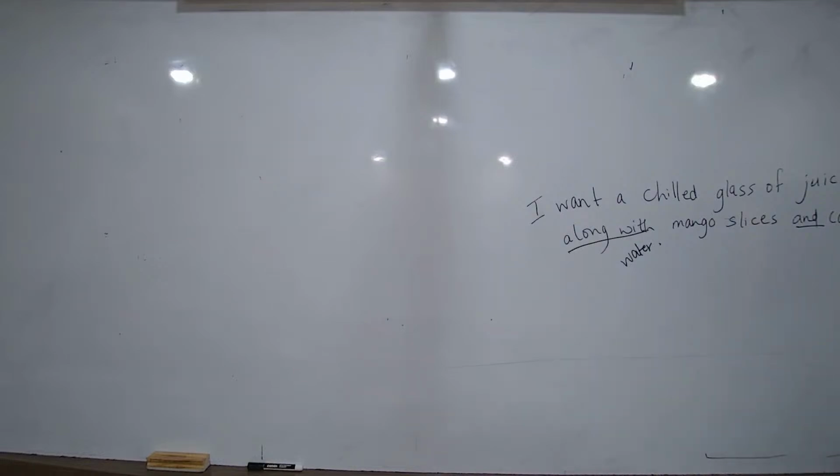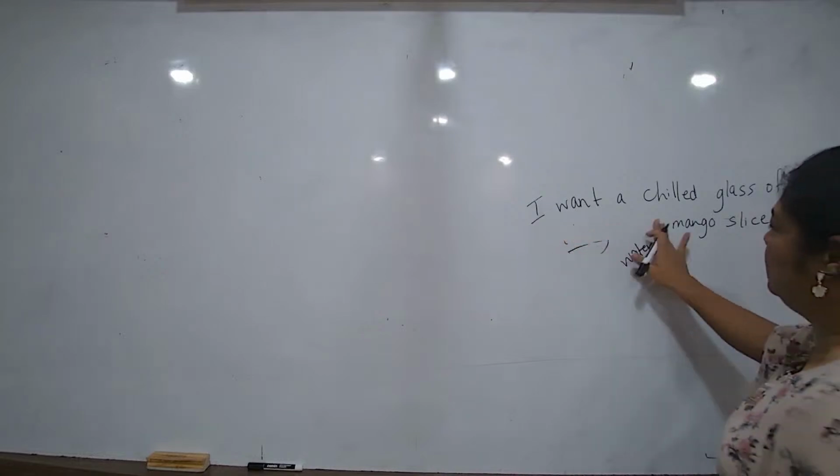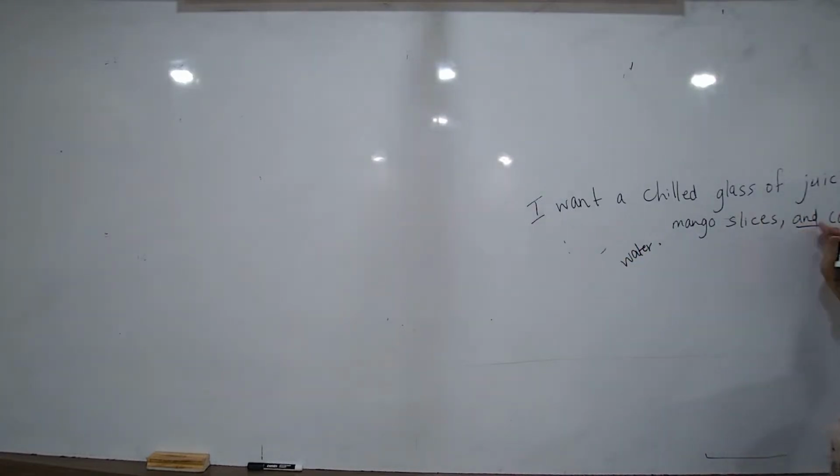What are they? Conjunctions. Very good. So when I want to avoid repetition, I can use conjunctions. I can even use a comma, which again comes under conjunctions.